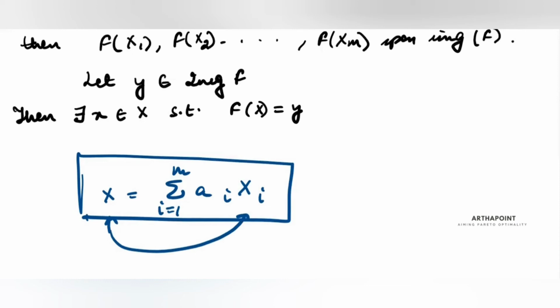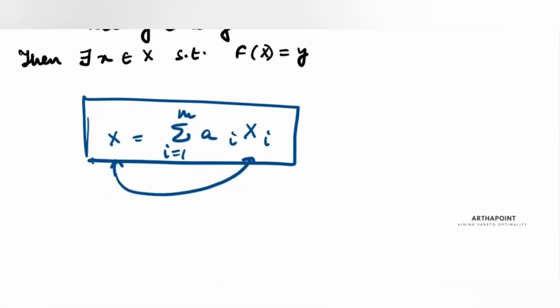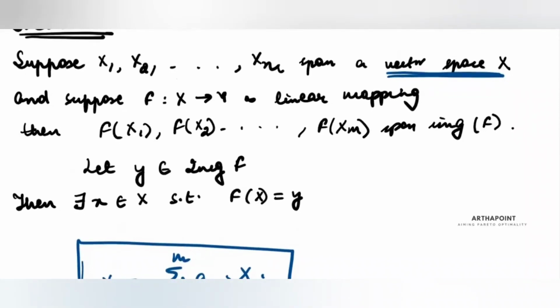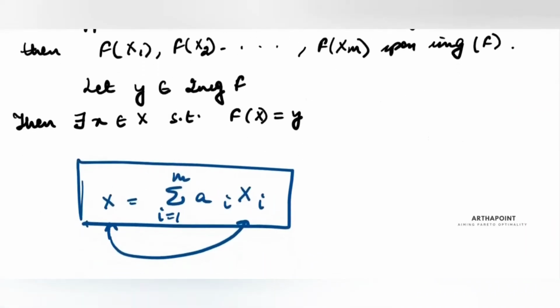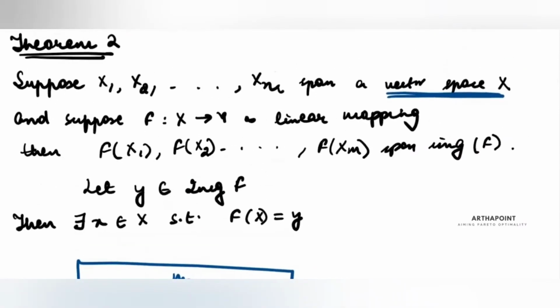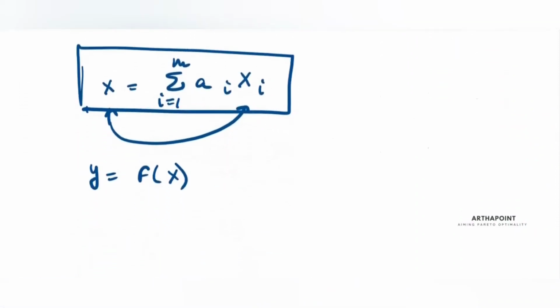So we understand this. Now, I am saying that it is given to me that these x's span the vector space x. I understand that y is defined such that y is a function of x. It's a linear mapping. Then because it's a linear mapping, I can say that y can be written as a summation of the function of this new x.